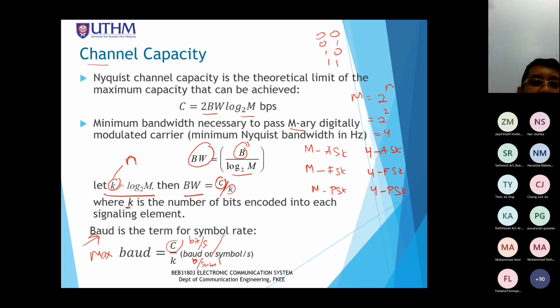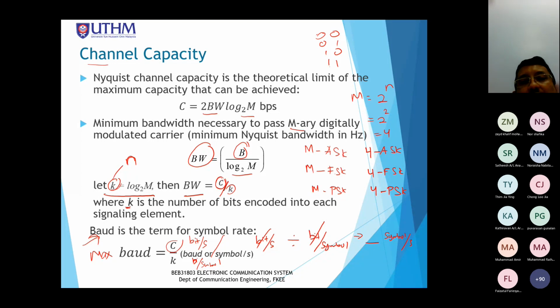So bits per second divided by bits per symbol. Actually, bit and bit you can cancel out, so it becomes symbols per second. What is a symbol?